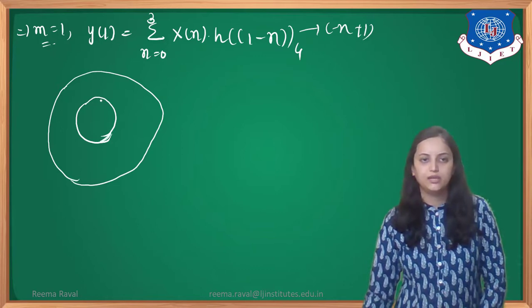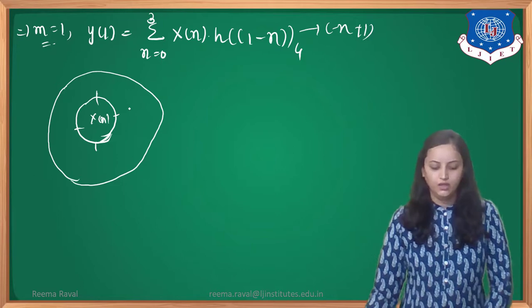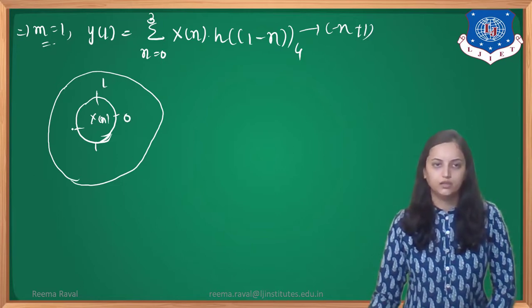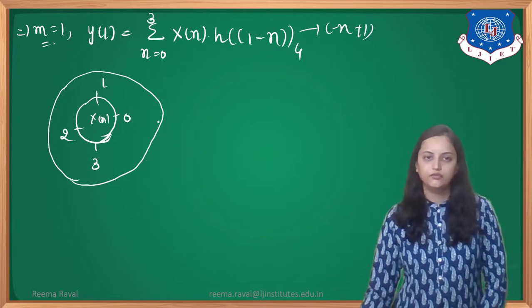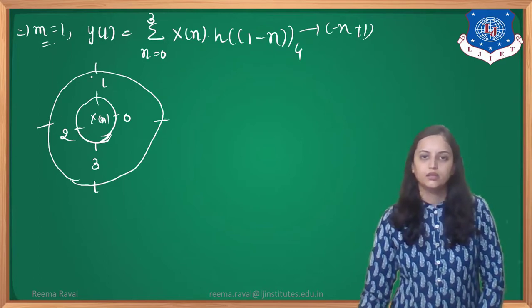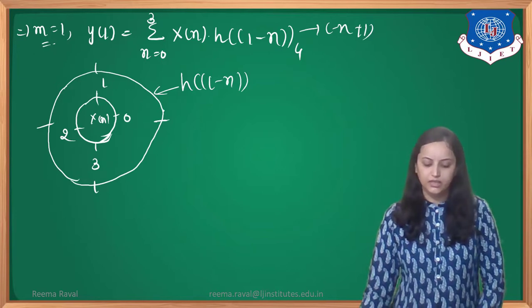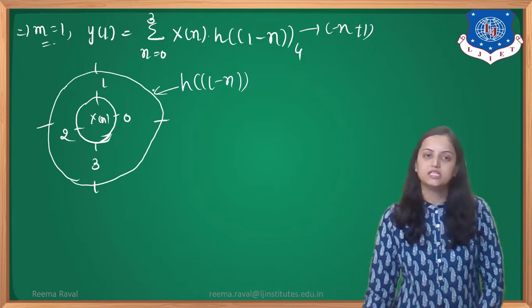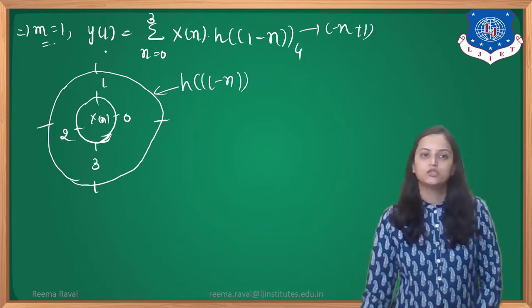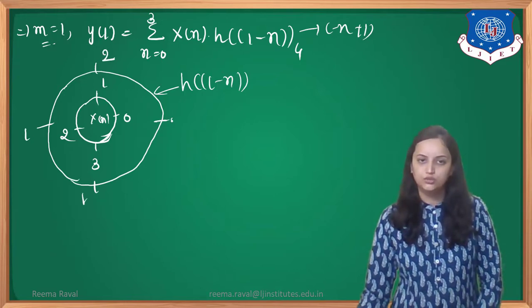So x of n will remain same with the values 0, 1, 2, 3 and for the outer circle the values are h of 1 minus n. So here the values will be shifted plus 1 on this side. So we will get 2, 1, 1 and 2.